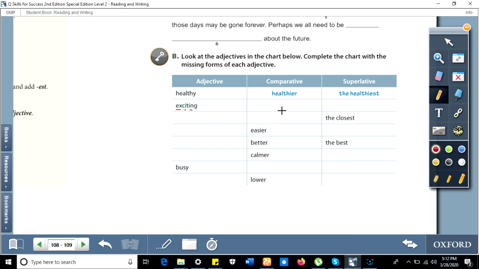What you need to do here is, of course, when you go back, the comparative is more exciting, because with 3 syllables you use more. And the superlative is the most exciting. So that's how it's easier for you to find out how to make the comparative and superlative.